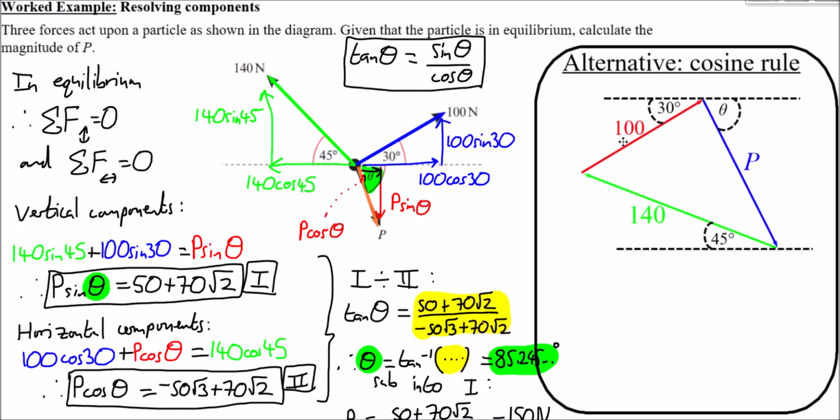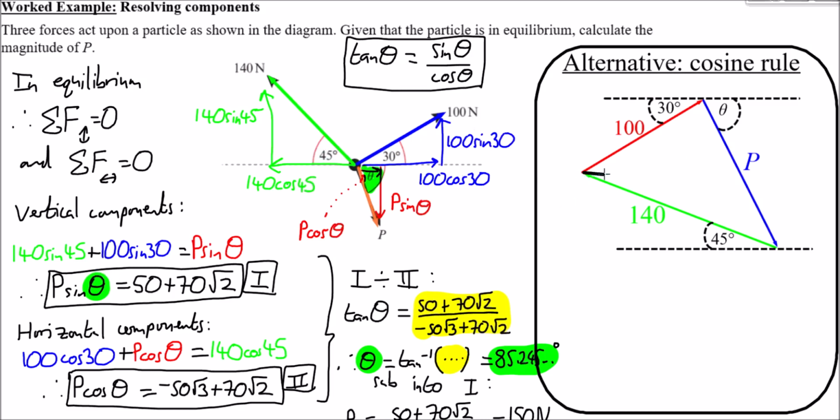You should have a diagram a bit like this. Okay, so this 100 vector here, I've done the colours differently, but never mind. P going down, I've done P in blue rather than red, but hopefully you see what I'm doing here. Because P is going down by theta, like so, this 140 angle is going up at 45 degrees.